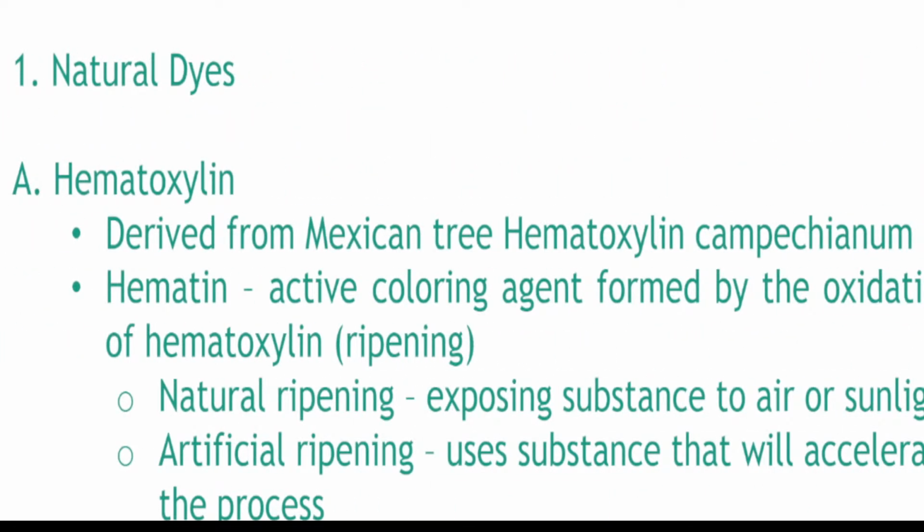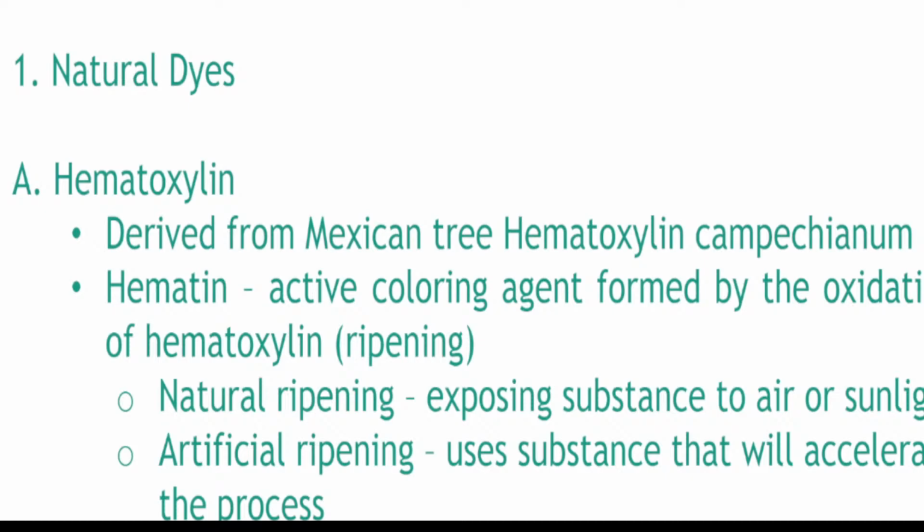Now, stains and their staining solutions. So we have natural dyes. Hematoxylin is derived from the Mexican tree Hematoxylon campechianum. Hematine is the active coloring agent formed by the oxidation of hematoxylin in the process called ripening. So there's several types of ripening processes.